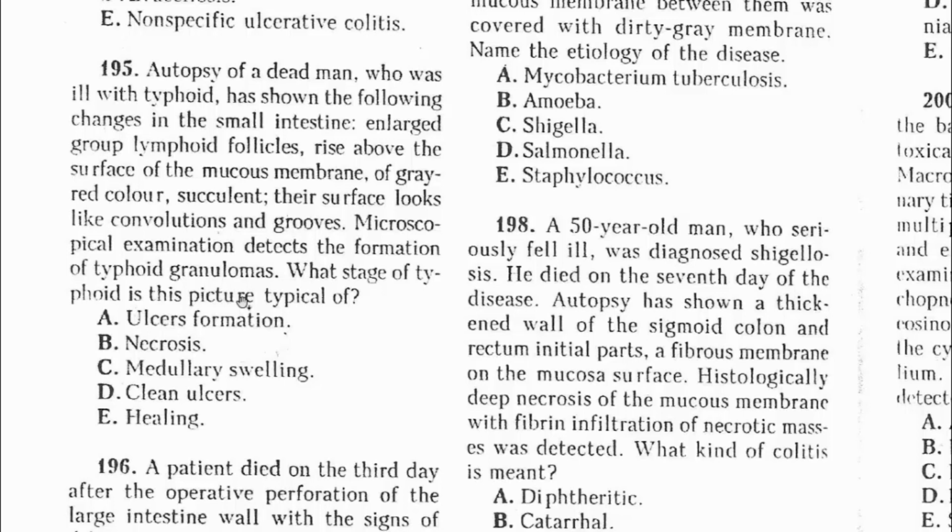We also have 3. Ulcer formation. Of course, this type of ulcer has unclear ulcers or unclear edges. Then we have clean ulcers, where the ulcers are regular without necrotic tissue. And finally, we have healing, when the granulomas are sclerosized.